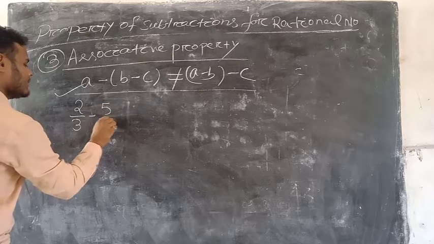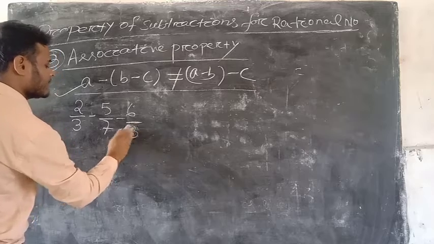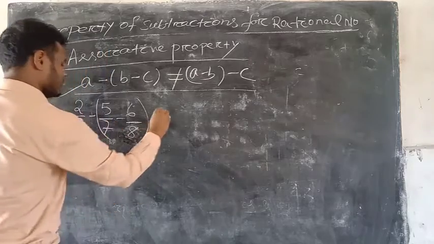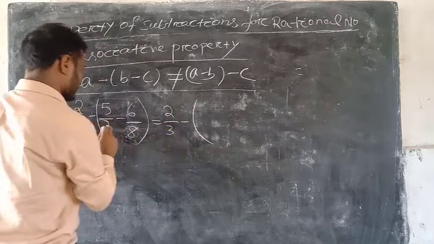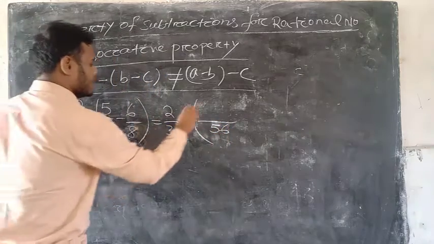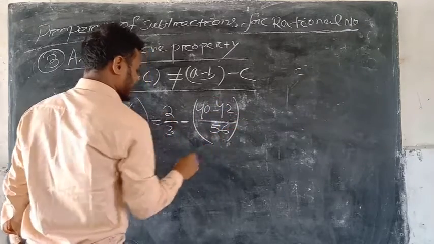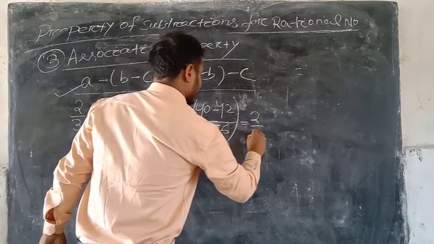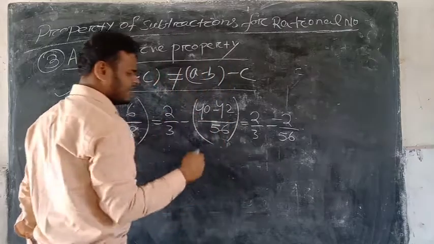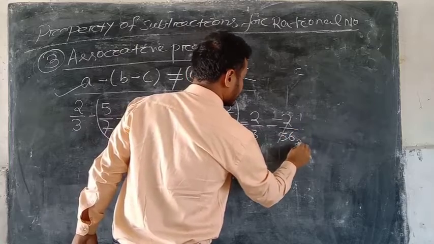2/3 minus 5/7 minus 6/8. This is the LHS: 2/3 minus (5/7 minus 6/8). The LCM of 7 and 8 is 56: 5/7 is 40/56 and 6/8 is 42/56, so 40 minus 42 gives minus 2/56, which is minus 1/28.